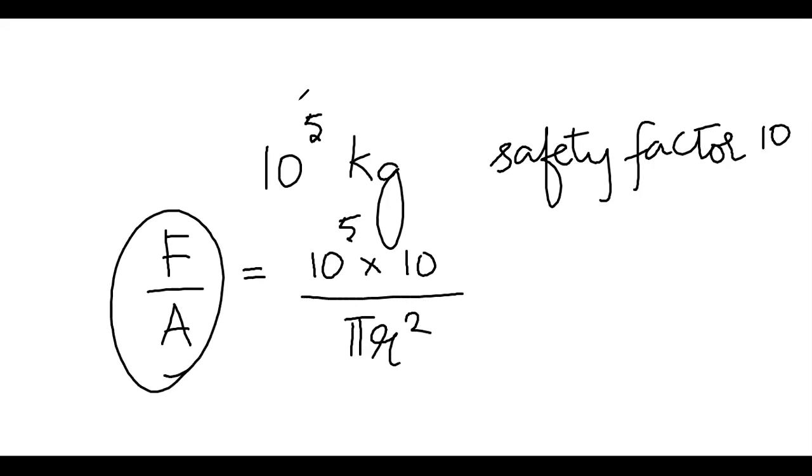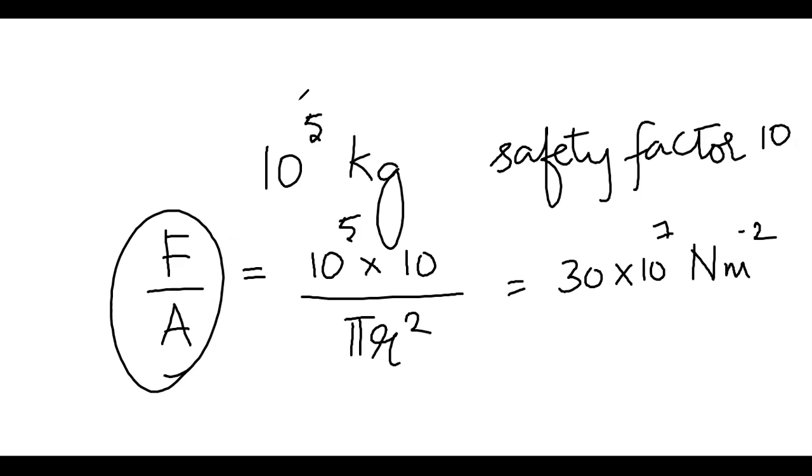This maximum stress, the ultimate stress, will be compared with that of the ultimate stress for the given material. So if I am going to take for steel, this value is equal to 30 into 10 power 7 Newton per meter square.